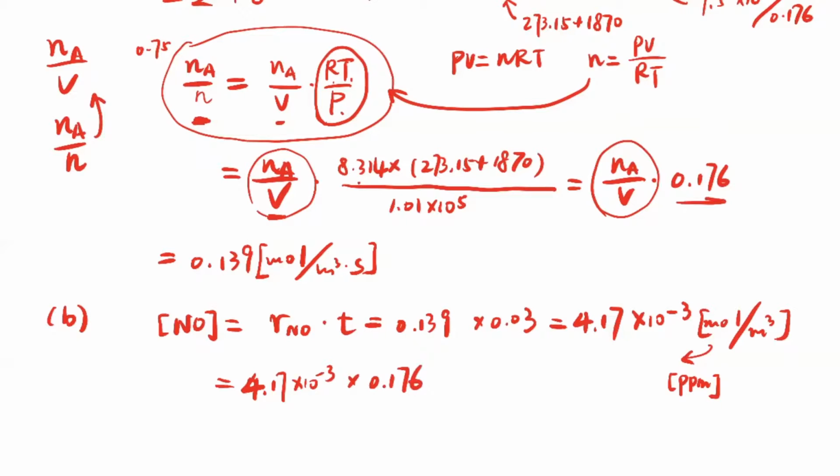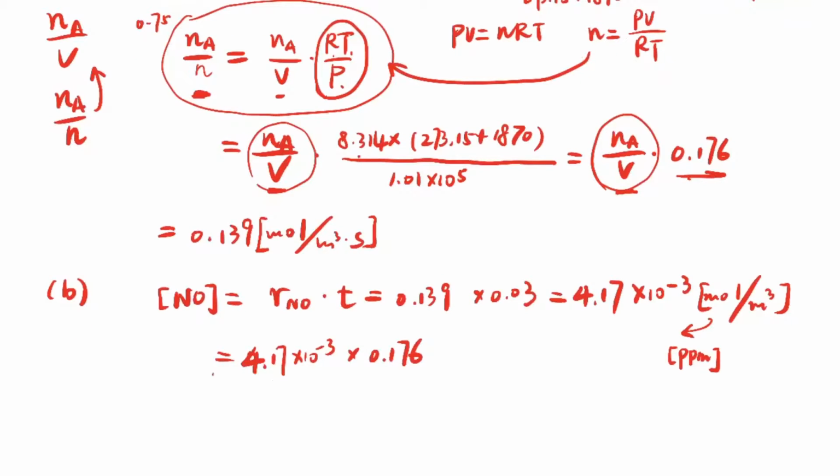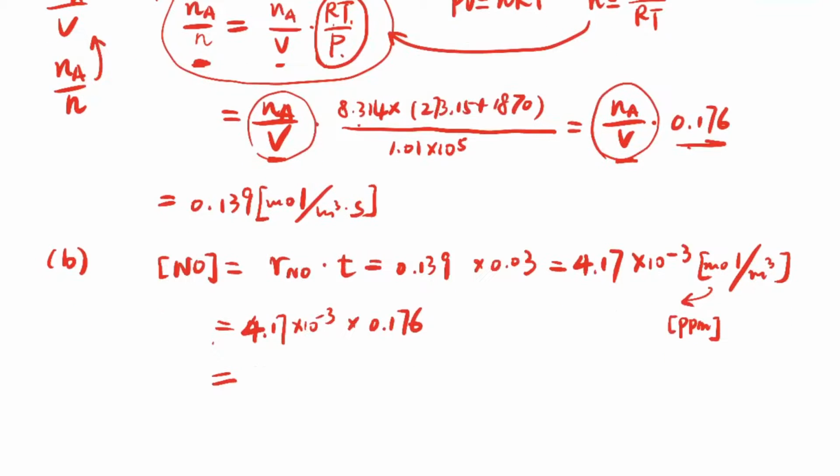So the molar fraction is equal to the absolute concentration multiplied by 0.176, and we have the absolute concentration here. So then we have 7.33 multiplied by 10 to the negative 4, and that means it's 733 ppm.